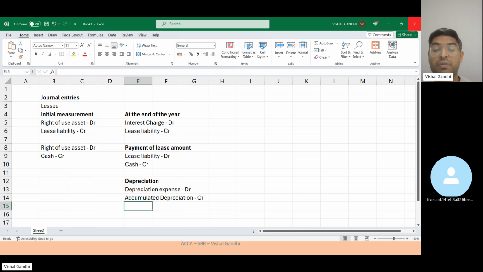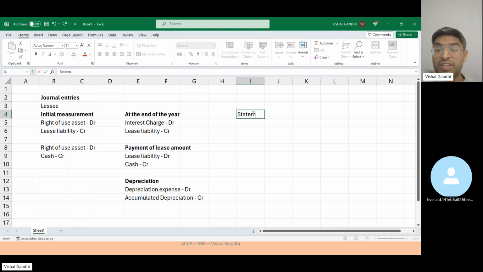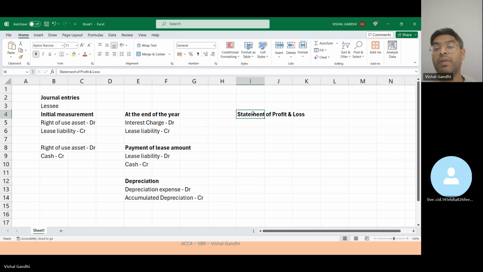Now, out of these, what will go where? Let's think from the point of view of the statement of profit or loss and the statement of financial position. For the statement of profit and loss, there are two things: one is the interest charge and the other is depreciation.